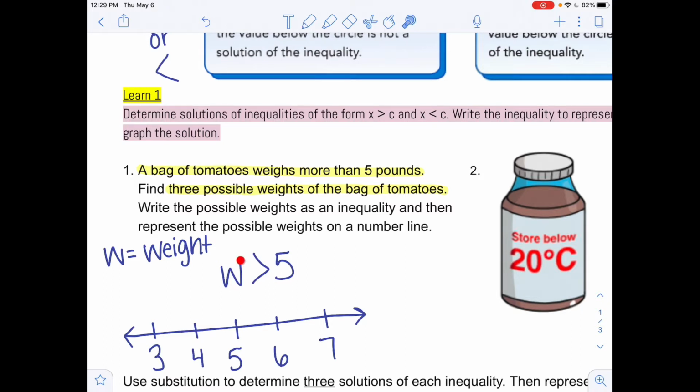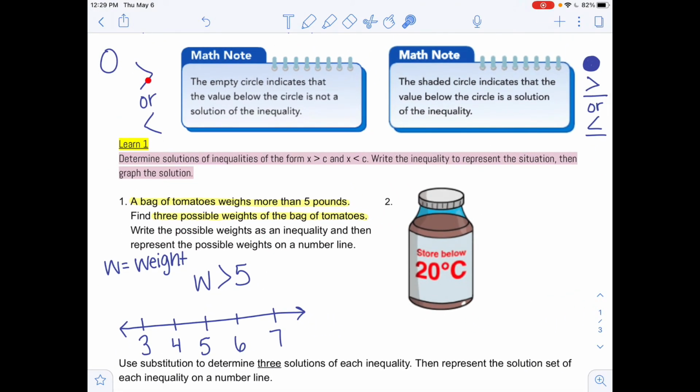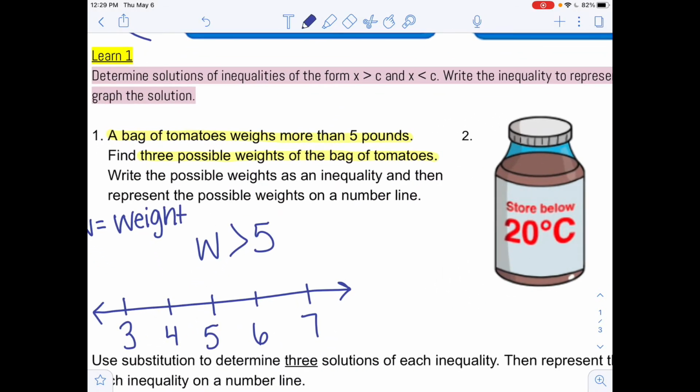In showing any weights that are greater than 5, I see that this is just a greater than symbol. If I look up at my math note, when I have greater than or less than, I have to use an open circle. So I'm going to put an open circle on 5 and now shade in to show all of the possible weights that W could be, anything greater than 5.